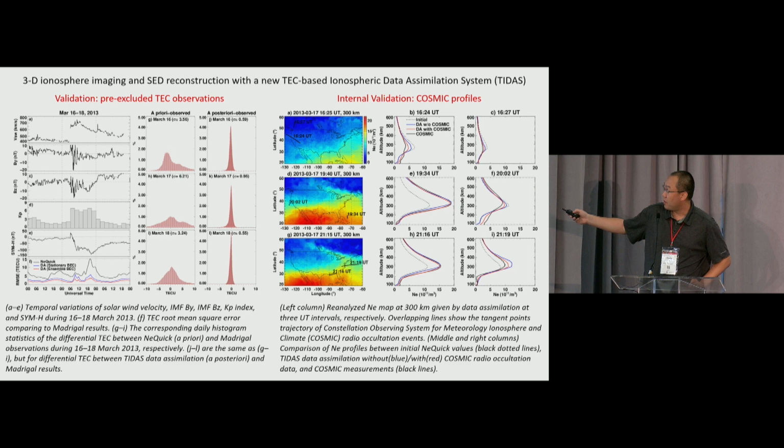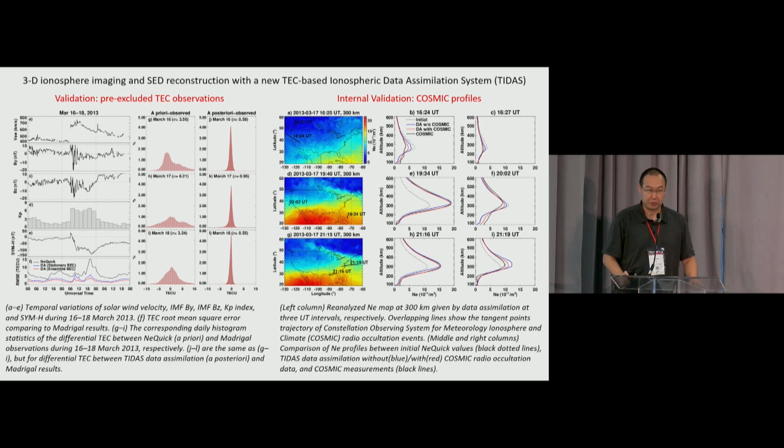And this one, we're using the COSMIC profile to conduct an internal validation. By including and excluding the COSMIC profile, we check the assimilation results. And that's the reconstructed electron density maps at 300 kilometers at 3 different universal times. So that's the COSMIC profiles. So we can see the data assimilation agrees with the COSMIC profile relatively well.